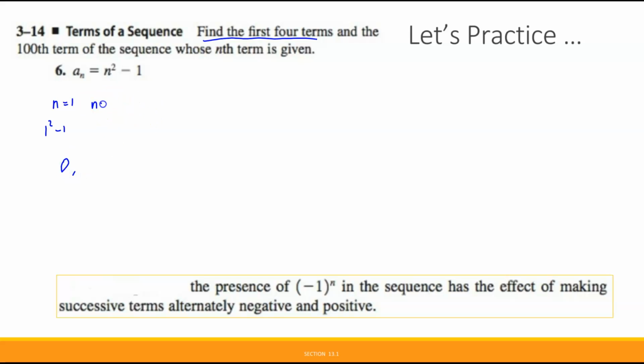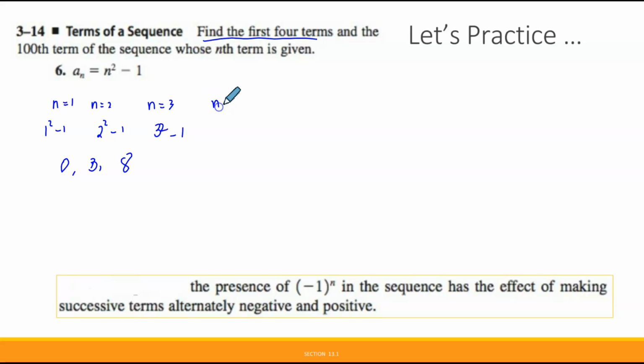We move on to n equals 2. 2 squared would be 4. 4 minus 1 would be 3. N equals 3. We have 3 squared minus 1. 3 squared is 9. 9 minus 1 would give us 8.